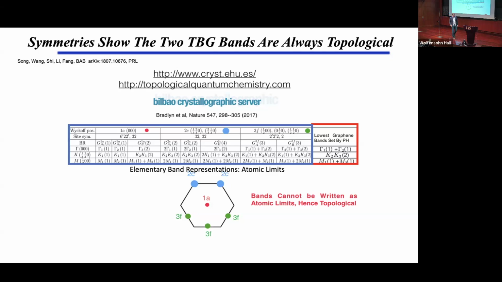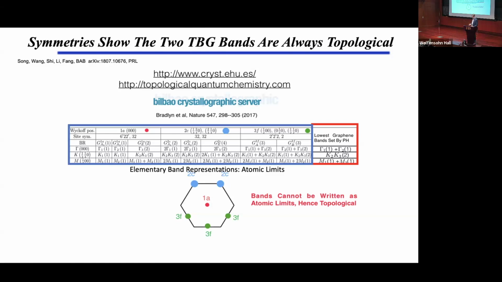So by just doing this inspection, the Bilbao crystallographic server has something that you can actually plug this into and it will spit out the topological index, symmetry indicator, however you want to call it, and it will tell you if it's topological or not. But basically, just by doing this inspection here, you can see that these ones you can never write down in terms of localized orbitals.